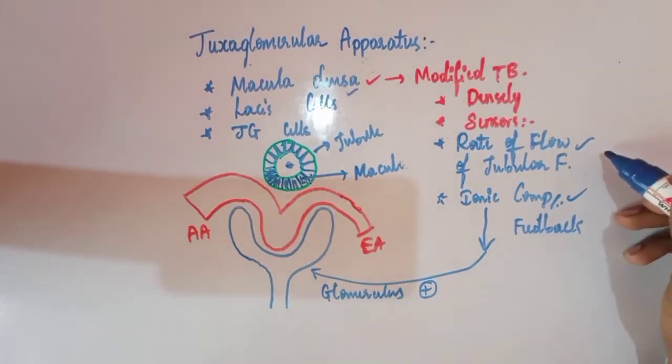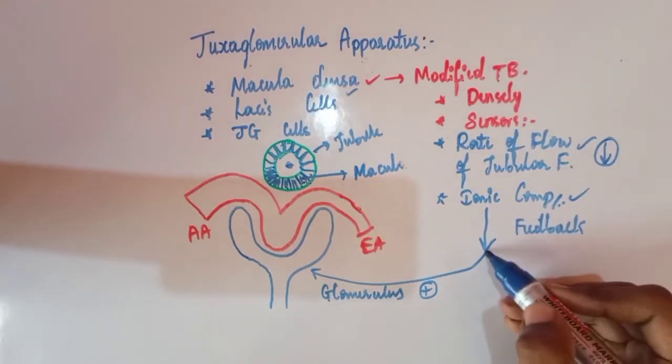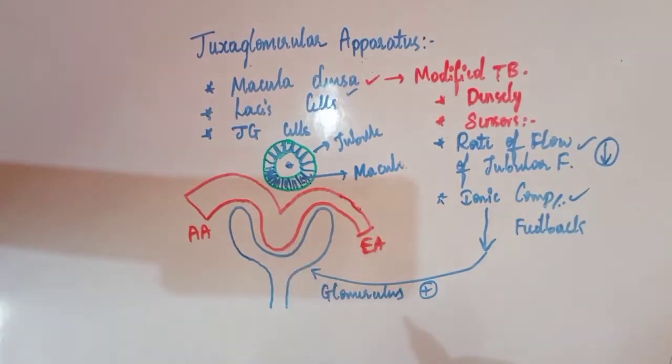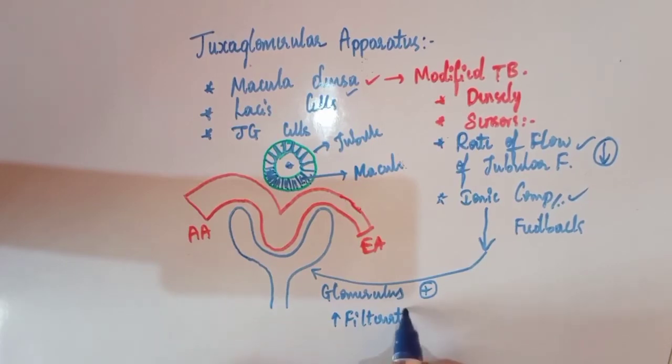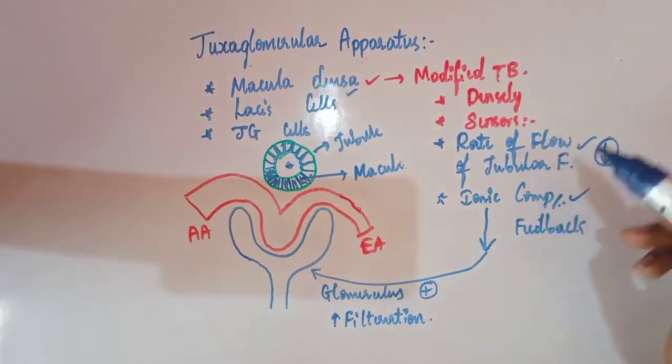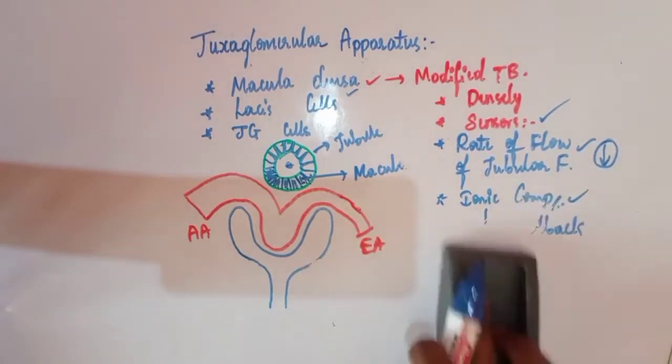So if there is decreased tubular fluid flow rate, then it sends a signal to the glomerulus so as to make more filtration. Filtration increases. That's how it works. It acts as a sensor. Now the functions and details of macula densa are over.